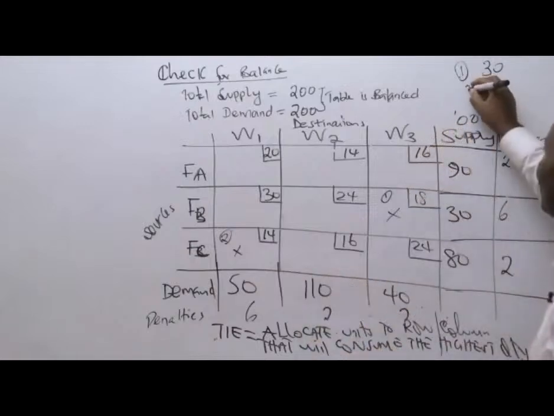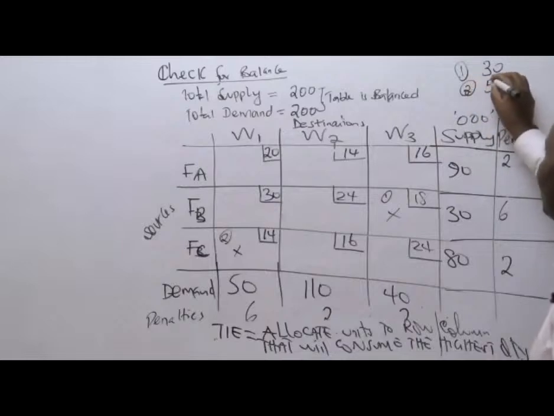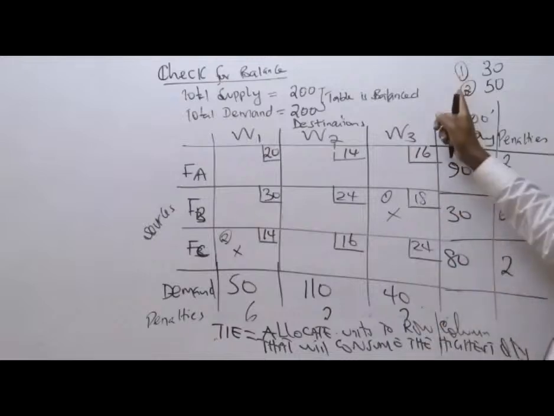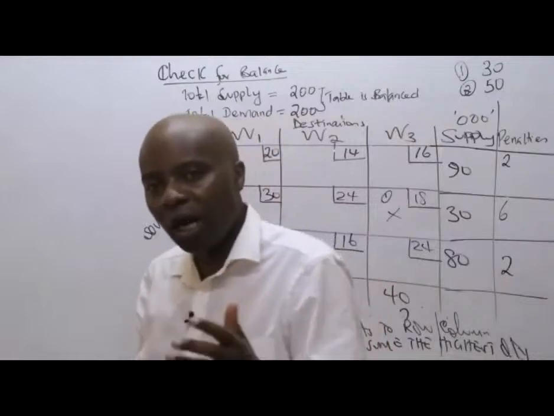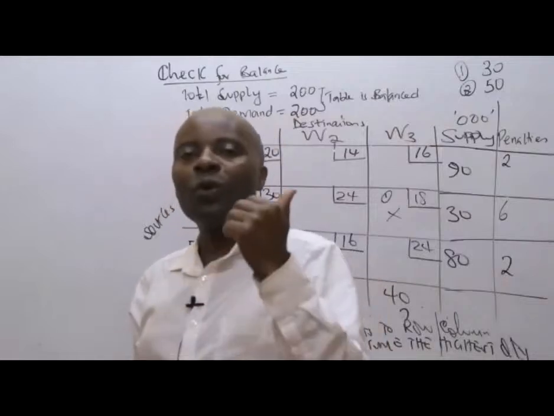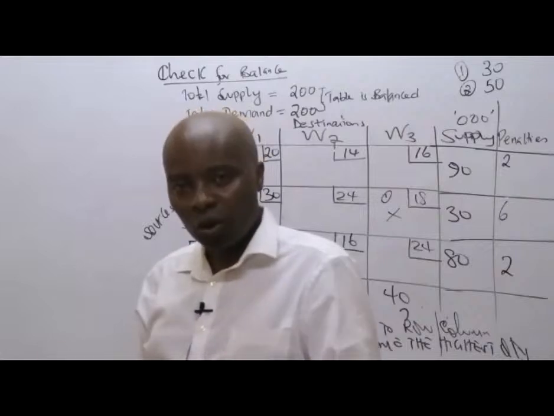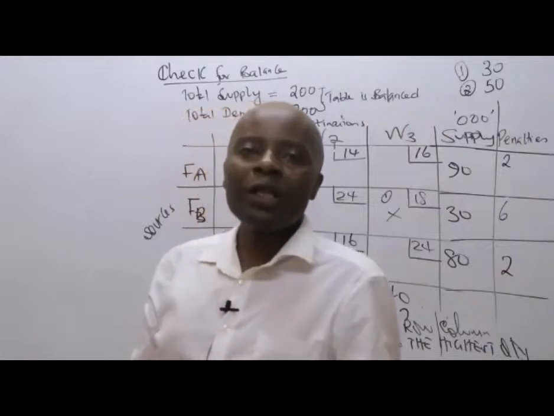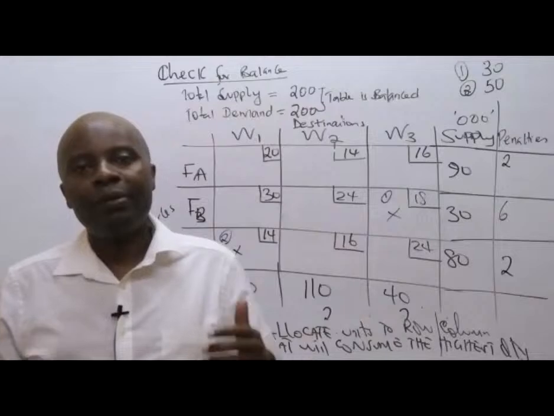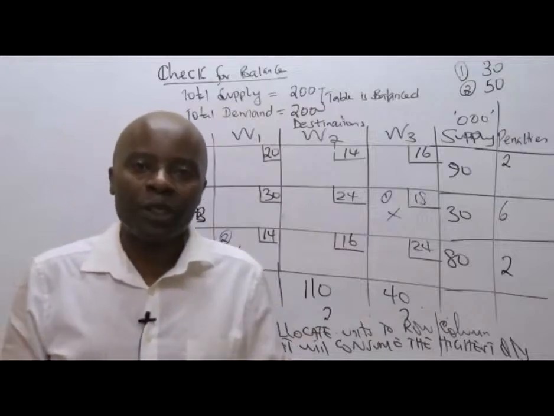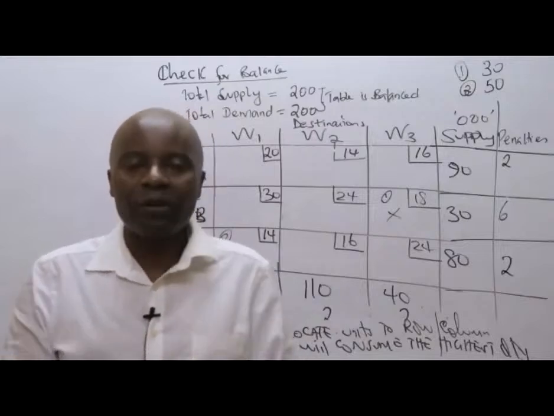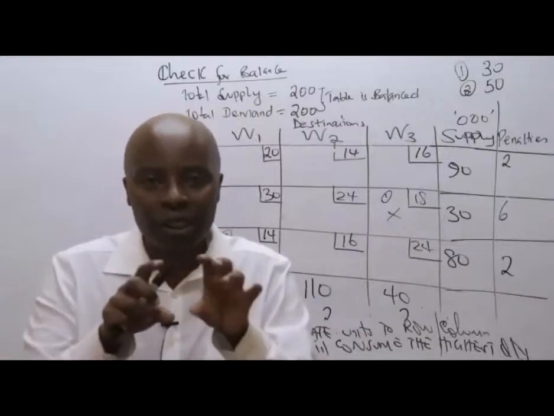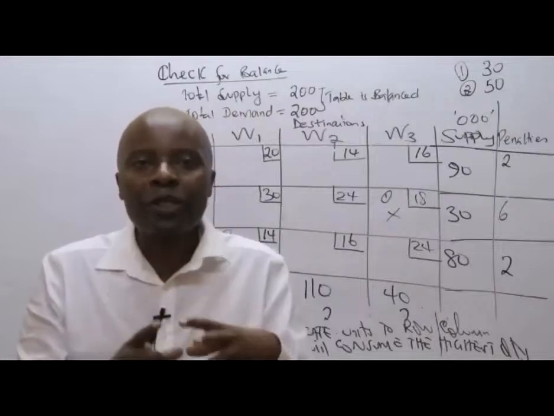So listen to me. Cell number 2 can only take what here? 50. Remember, there are routes: this is route number 1, route number 2. Now, in terms of walking along the row and along the column, we'll always endeavor to minimize cost. But between the two routes, whenever there is a tie, we can only compare the routes quantity-wise.